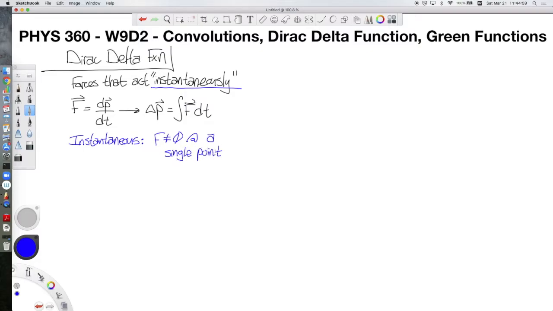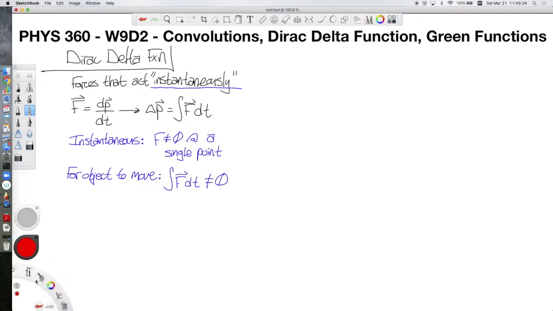But for the object to move, for its momentum to change, we need delta p, the change in momentum, to be non-zero, which means the integral of F dt also can't be equal to 0. So we need a function that is 0 at every single point except 1, but it has a non-zero integral.